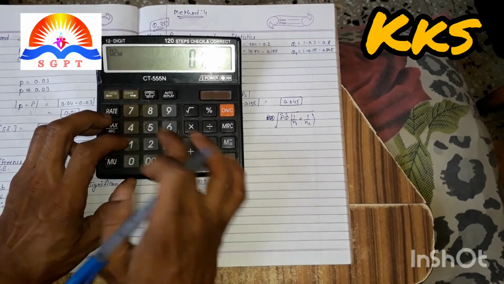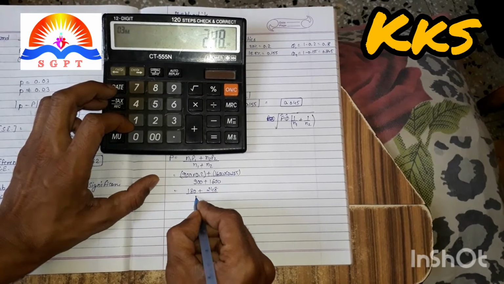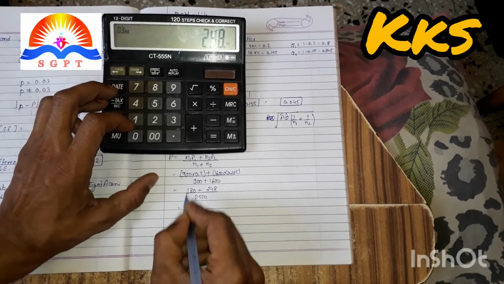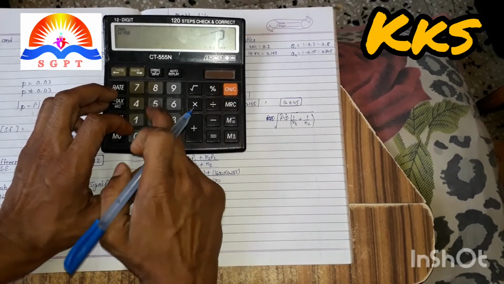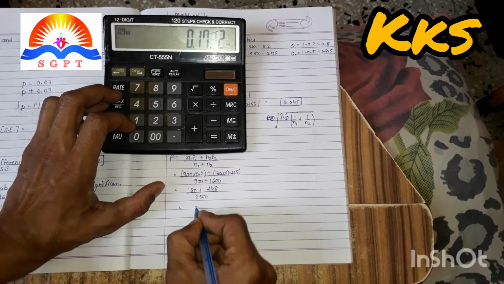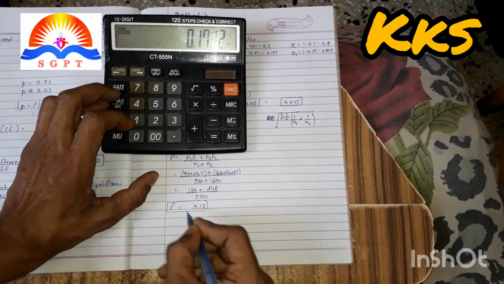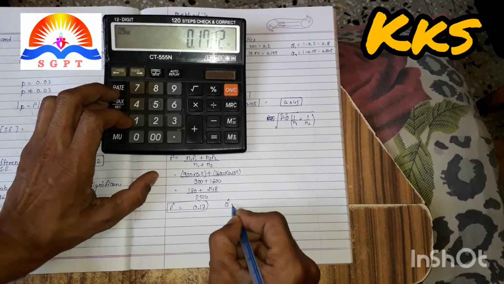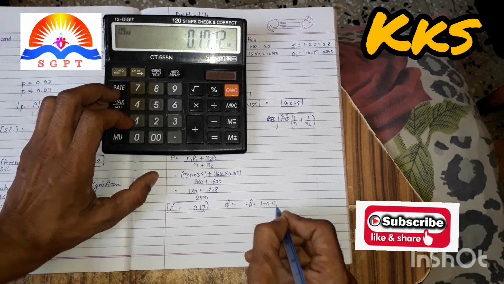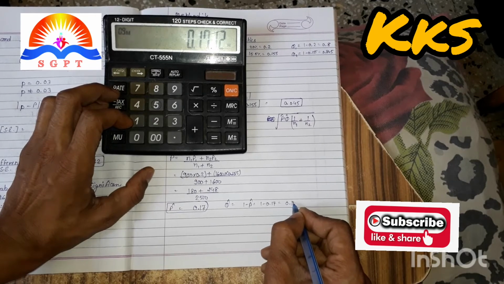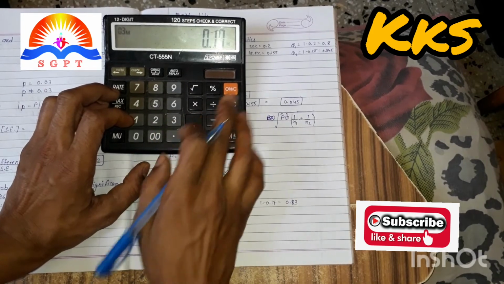So 900 into 0.2 is 180, plus 1600 multiplied with 0.155 is 248. 180 plus 248 gives 428, divided by 2500, so you get 0.17 as P cap. Then Q cap is 1 minus P cap, 1 minus 0.17, which gives 0.83.